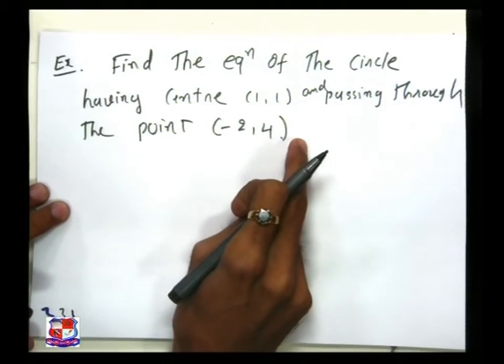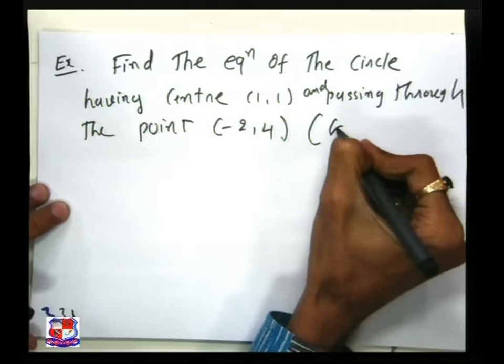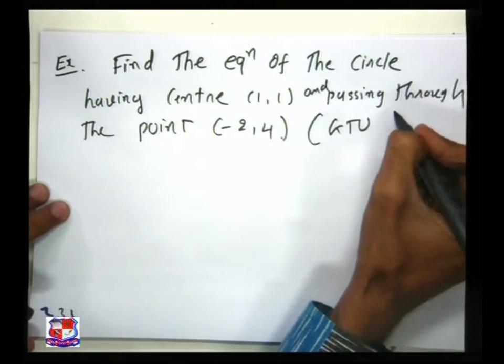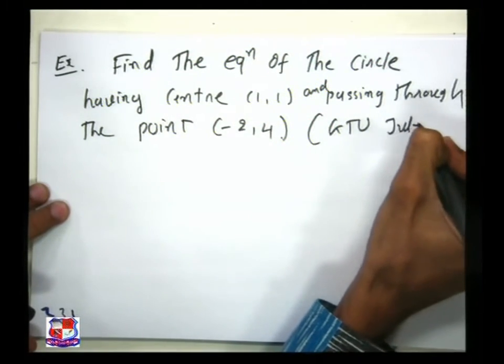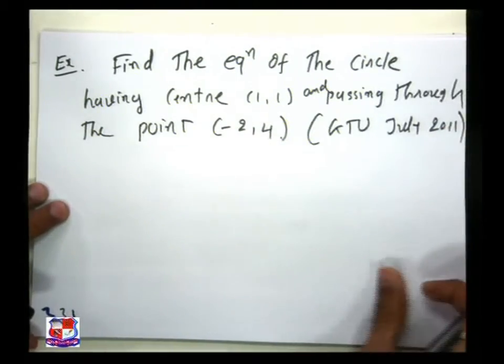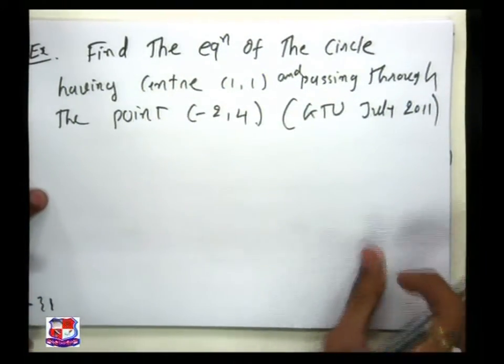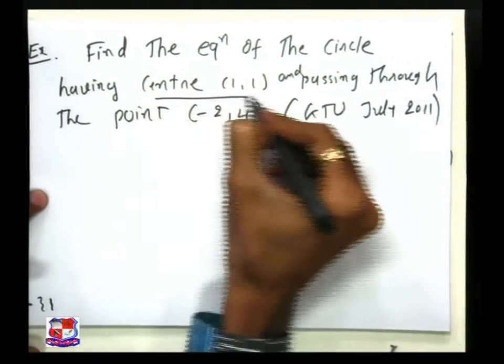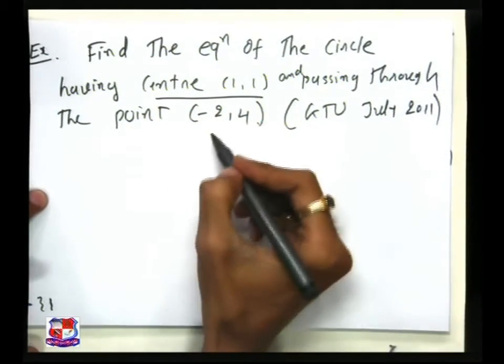This question was asked in the GTU July 2011. So here we have given the center of the circle and we have given one point on the circle.